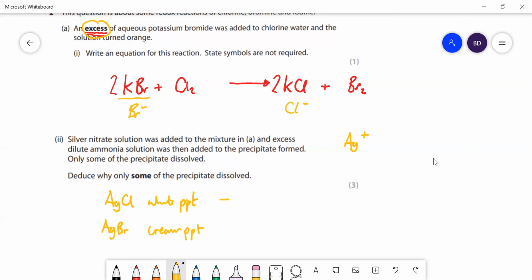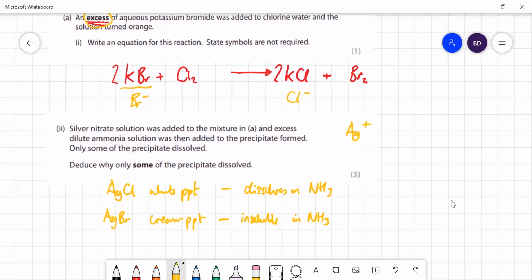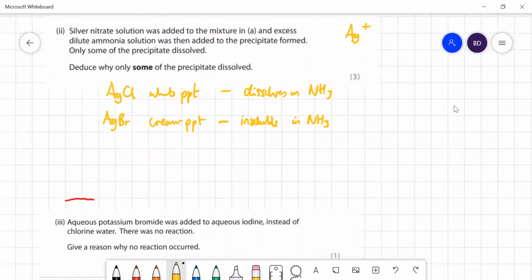Well, AgCl does dissolve in dilute ammonia. So the silver chloride precipitate will dissolve, but silver bromide will not dissolve in dilute ammonia. Okay, so that is why not all of it dissolves. So it's quite important that you realize there's an excess of potassium bromide.